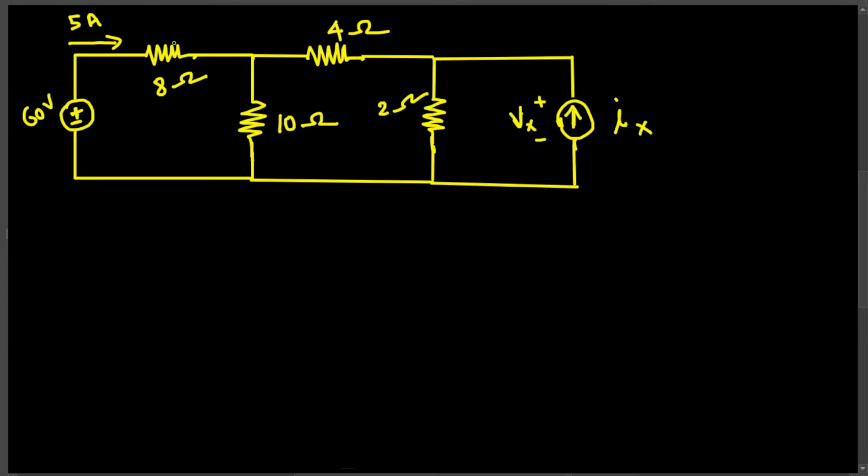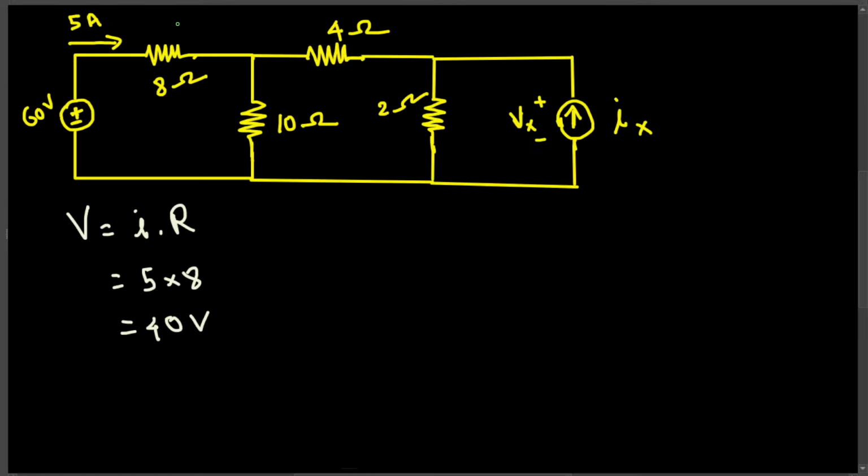For this one, we can use Ohm's law, that is V is equal to I times R, and we already know the current and we also know the resistance. So this is 5 times 8, that is 40 volts. So the voltage across this resistor is going to be 40 volts.